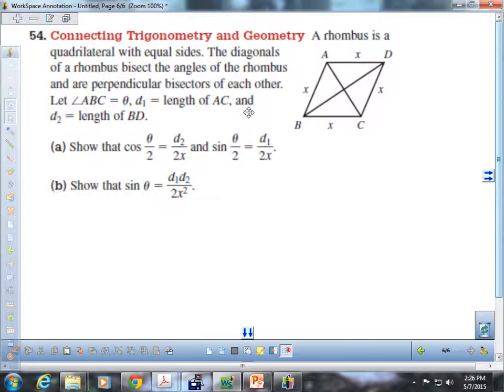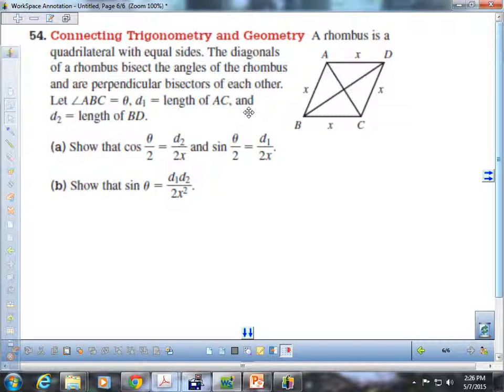Please tell me what a rhombus is. It is an equilateral quadrilateral. What qualifies as being a rhombus as well? It depends.